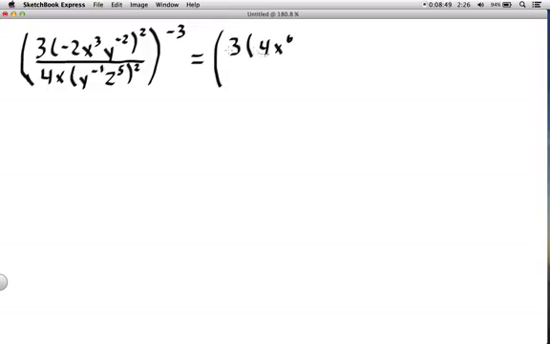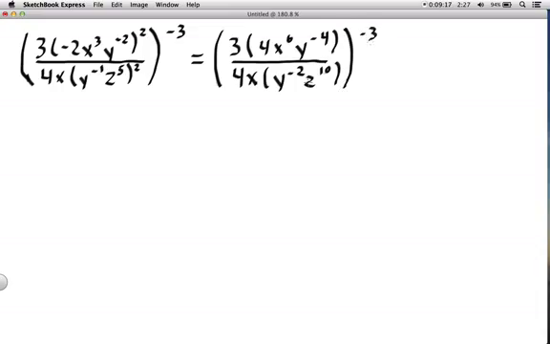Y to the negative 2 squared is y to the negative 4. Be careful when you multiply. Negative times positive remains negative. Now on the bottom here we have 4x, and then just multiply all this stuff by 2. And everything in here is to the negative 3.